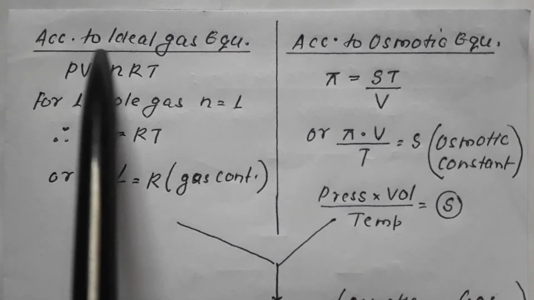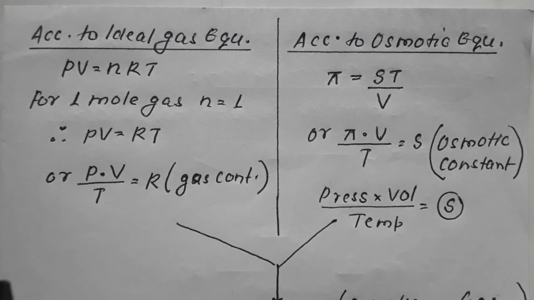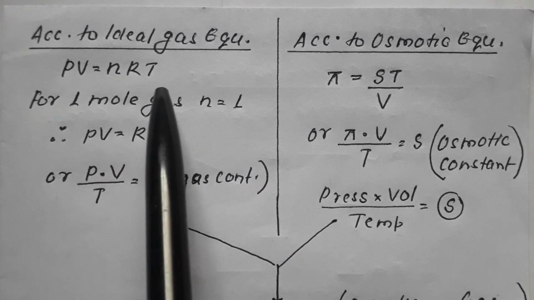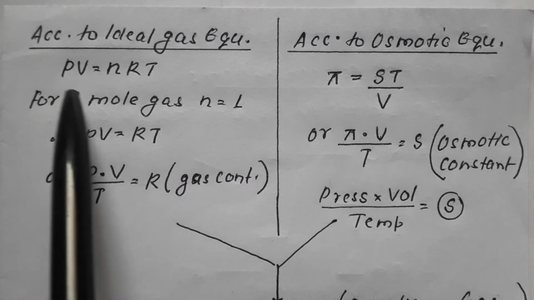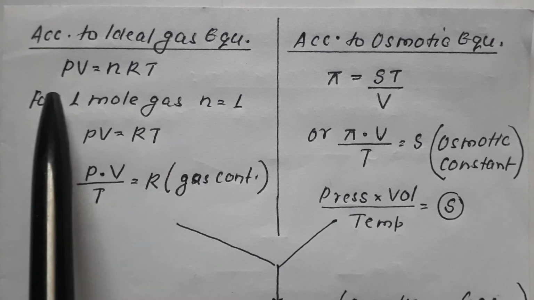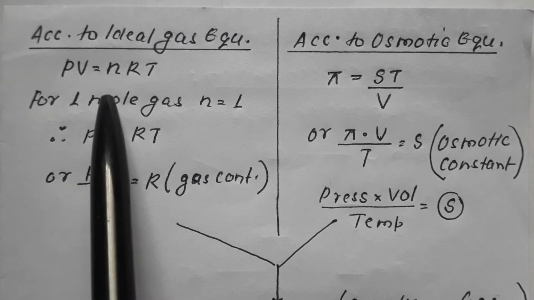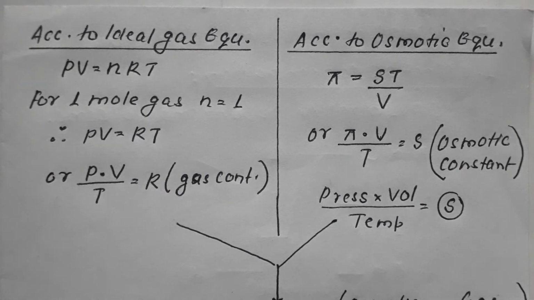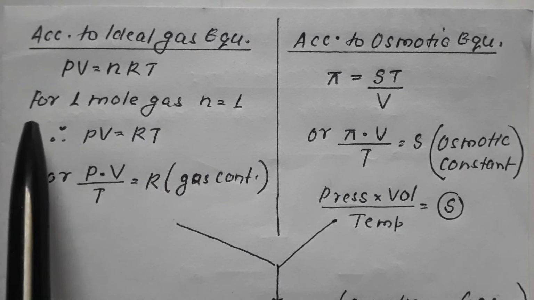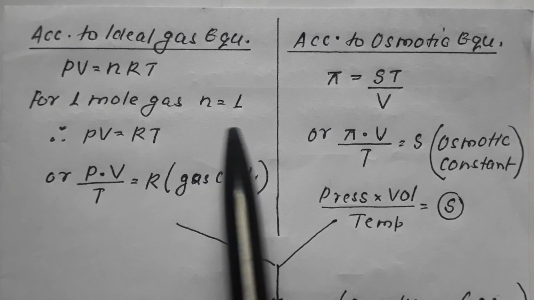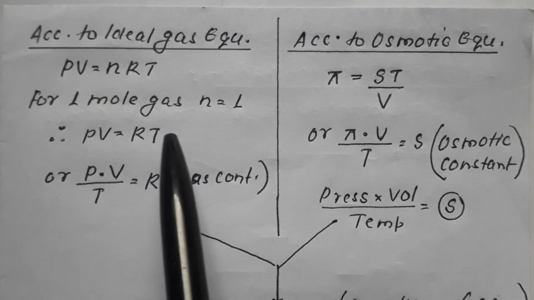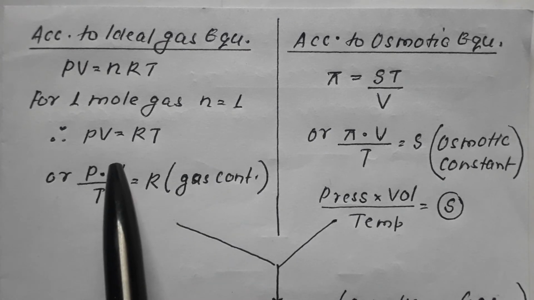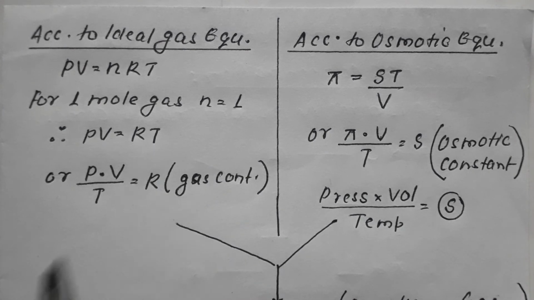According to the ideal gas equation, which we did in 11th, PV is equal to nRT: pressure into volume is equal to n, the number of moles, into R, the gas constant, into T, the temperature. Now, if we consider 1 mole of gas, n is equal to 1, and this equation becomes PV is equal to RT.